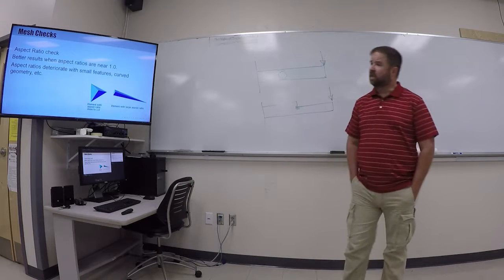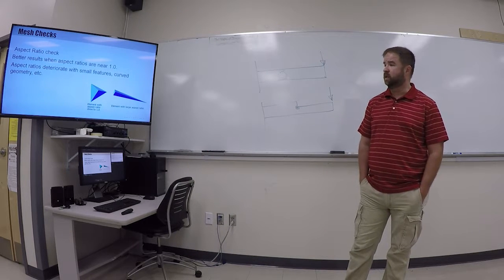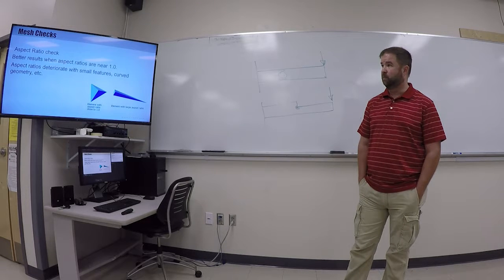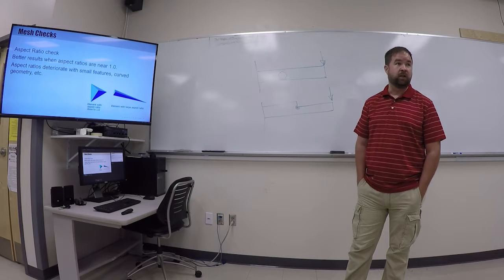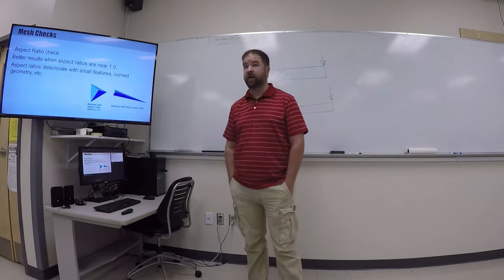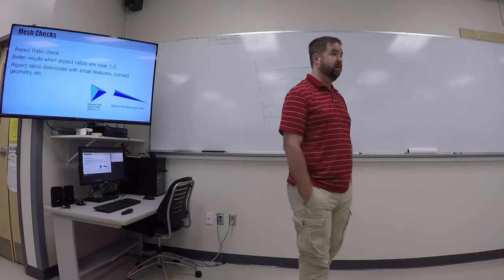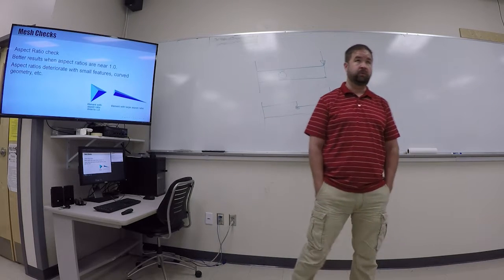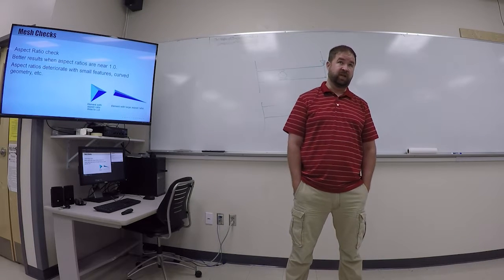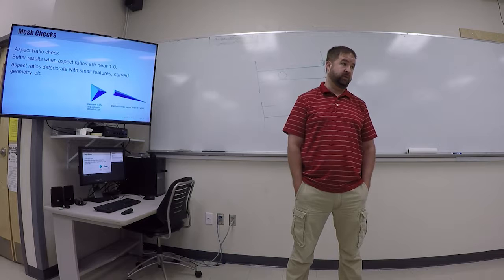There's also some checks in there, some different settings that you guys can take advantage of. One of them is aspect ratio checks. Element results are always going to be better the closer my element sizes are to consistent geometry or consistent aspect ratios through the geometry.